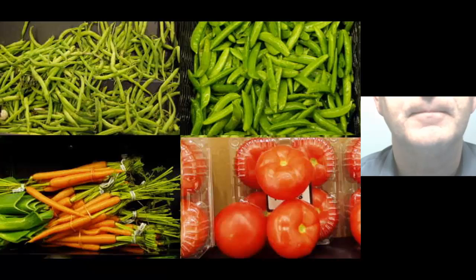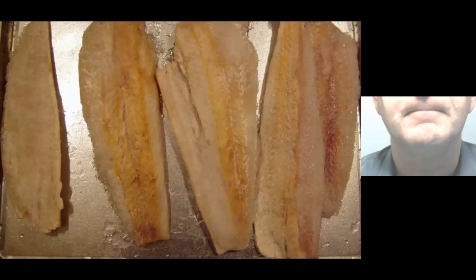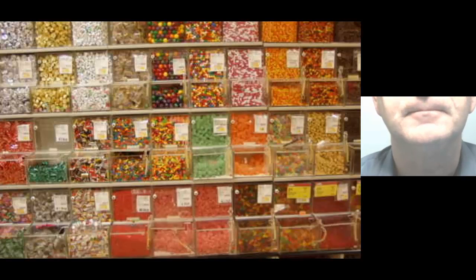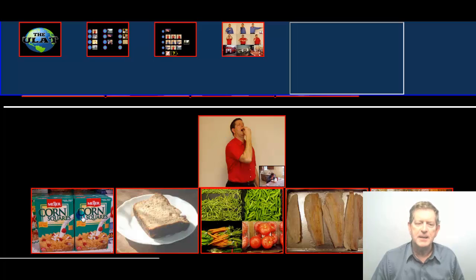Sandwich. Vegetables. Fish. Candy. So to eat, you can eat cereal or a sandwich or vegetables or fish or candy.